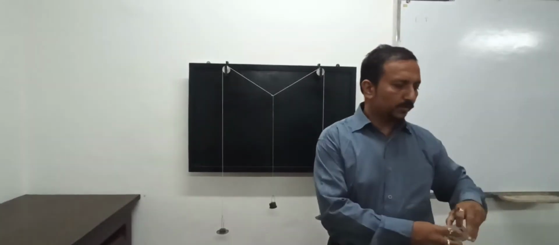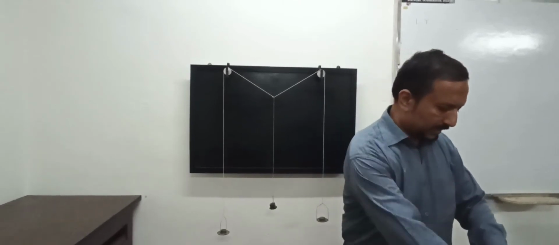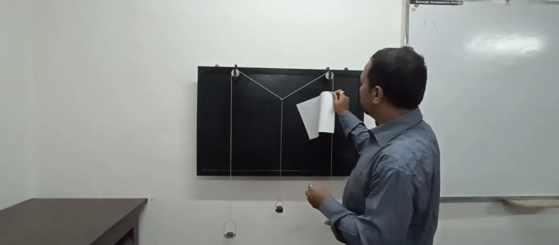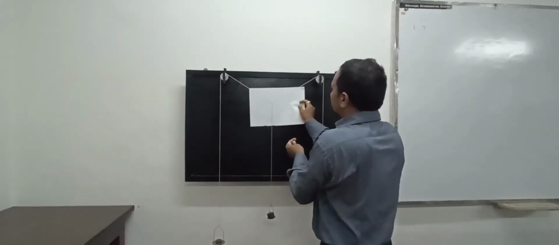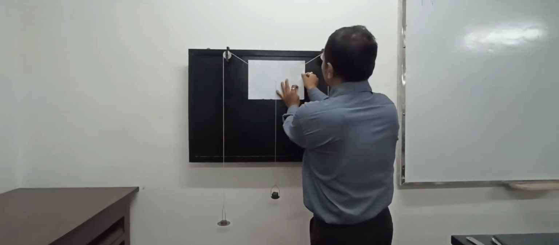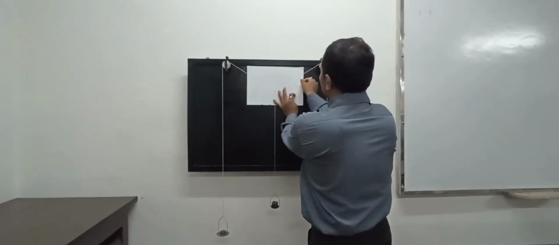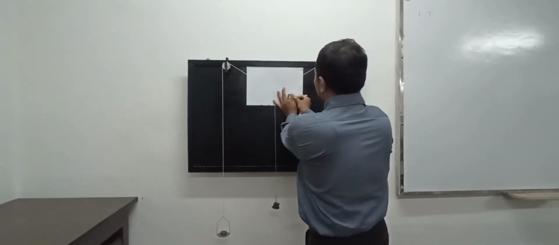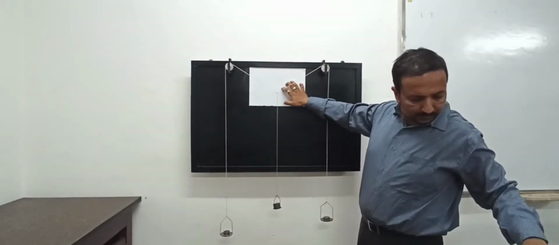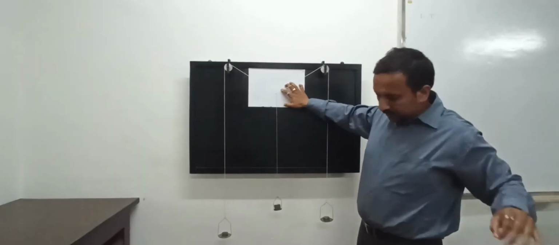Now what we shall do is attach the paper. We shall attach the white sheet of paper such that we can draw the reading properly. We'll attach it in such a manner that the central point comes at the center of the page.